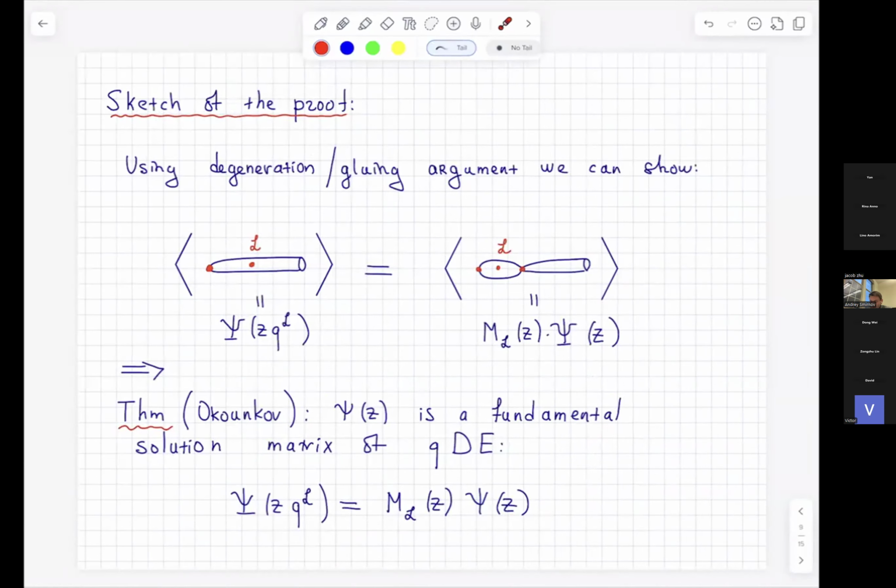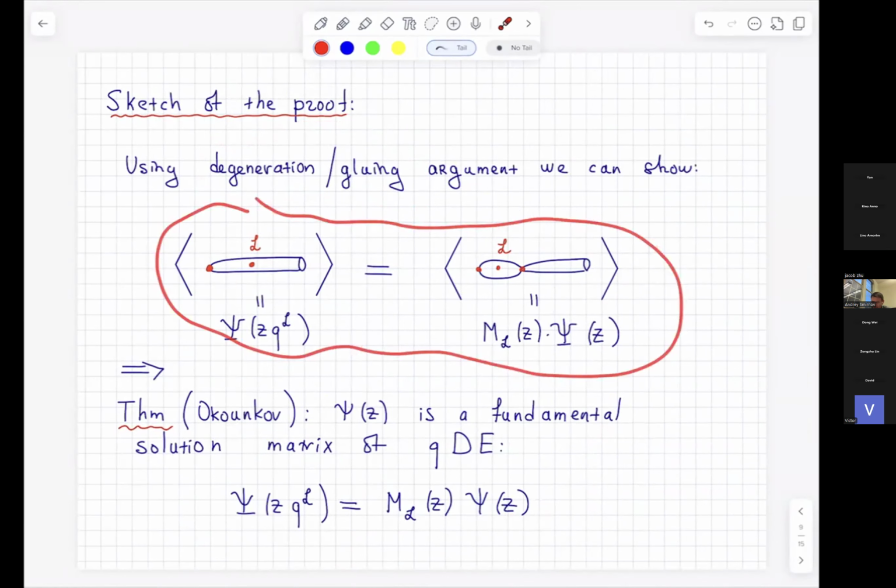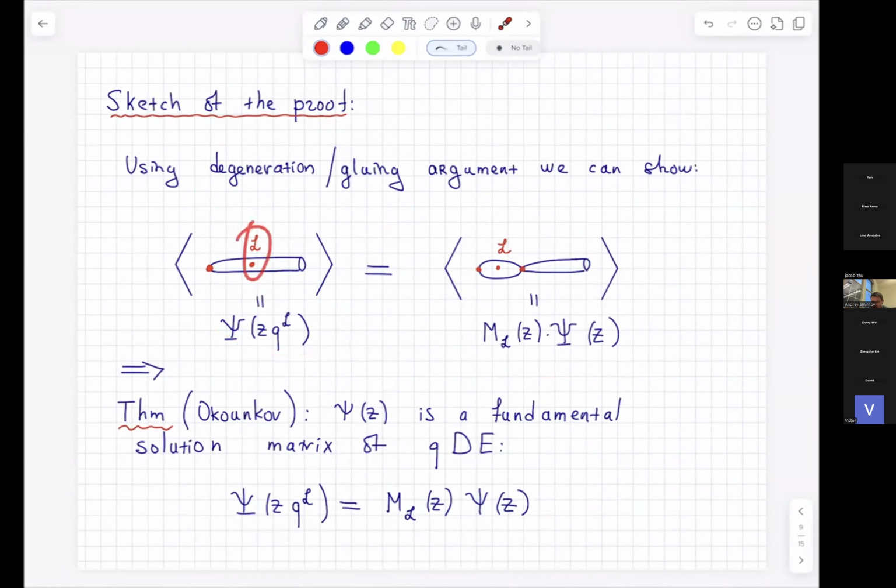If you apply this degeneration and gluing formalism for these quasi-maps from a disk, you can prove the following thing. Roughly speaking, the situation is depicted here. You insert an additional descendant at some point, and then you can use the degeneration to rewrite this partition function as this type of product.